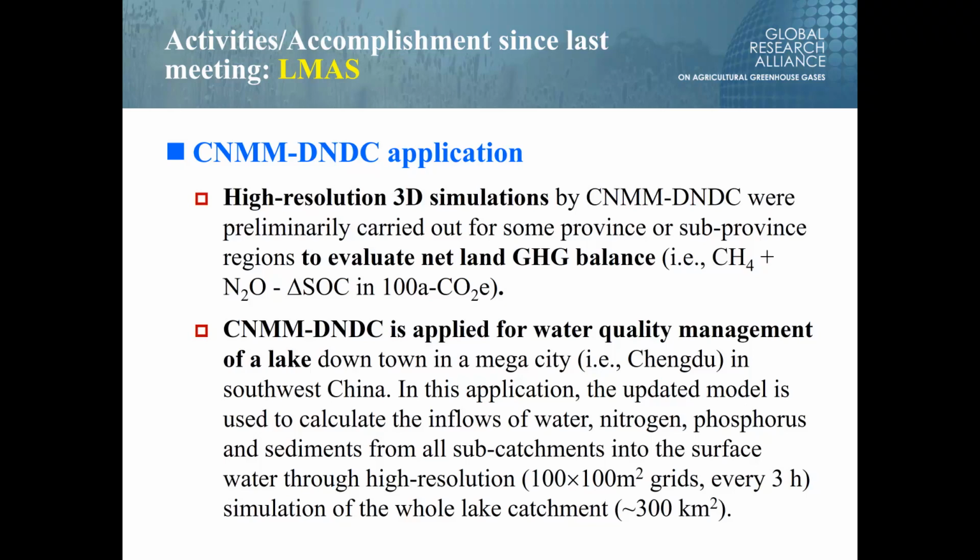In this application, the updated model is used by the local government to calculate the inflows of water, nitrogen, phosphorus, and sediment from all subcatchments into the surface water through high-resolution simulation of the whole lake catchment.